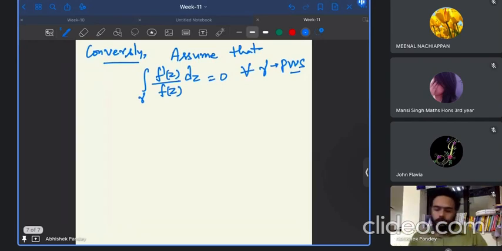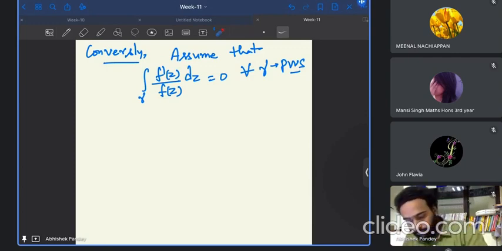Okay. Now we have proved earlier also that if f is holomorphic and the integral of f over every piecewise smooth curve is 0, then f has a primitive in the domain omega. Okay. So we'll apply that thing here.